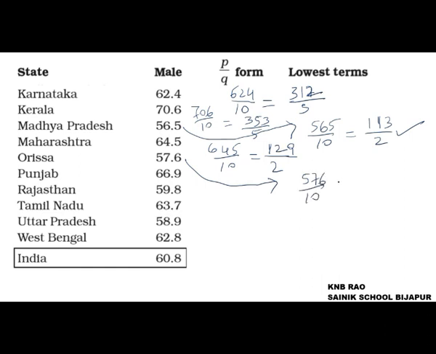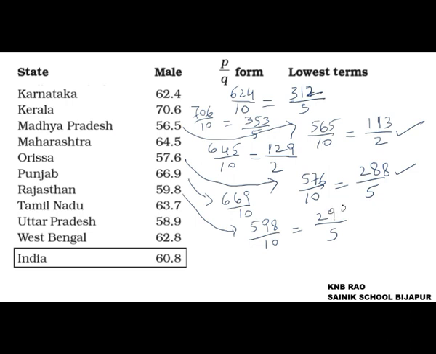Next, for Orissa, 576 upon 10. Cancellation further gives us lowest terms. 2 2s are 4, 2 8s are 16, 2 8s are 16. So 288 by 5. For Punjab, 669 upon 10. It's already in lowest terms. For Rajasthan, 598 by 10. Converting it into lowest terms, 2 2s are 4, 2 9s are 18, 2 9s are 18, 299 by 5.